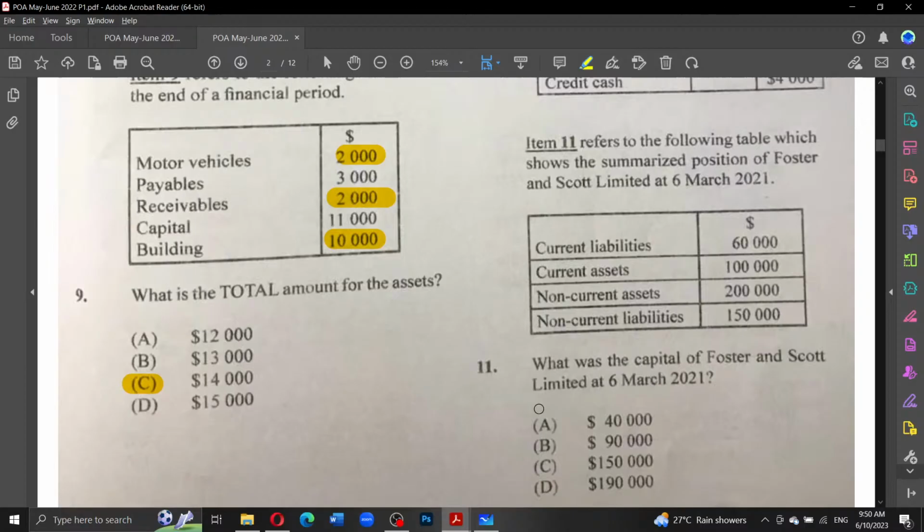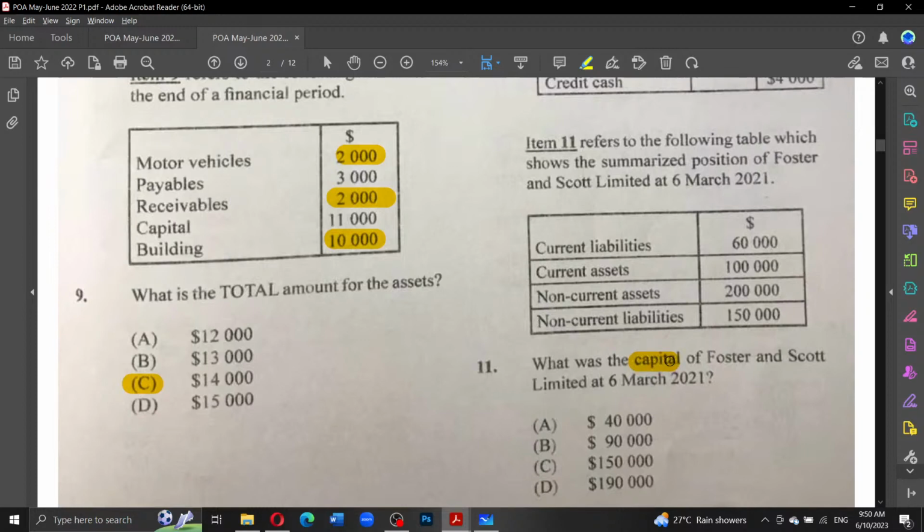What was the capital of Foster and Scott Limited at 6 March 2021? So using the accounting equation, which I hope you know, the accounting equation is asset equals capital plus liability. But in this case, we are asked to find the capital. So the capital will be asset minus liability.